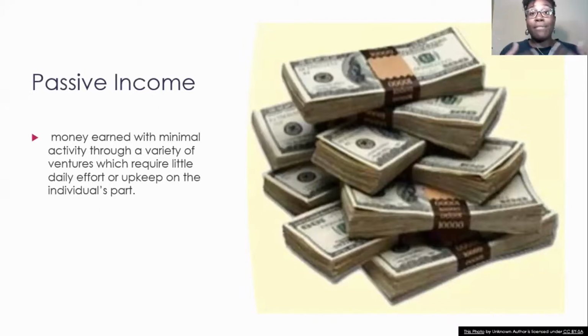If you have a job, that is active income. If you cut lawns, that is active income. If you are self-employed and you get paid only when you provide a service or give out a product, then you are earning active income because you have to work for the money. With passive income, you may work for a little bit of time, but later on, you don't have to work anymore because the money keeps coming in.